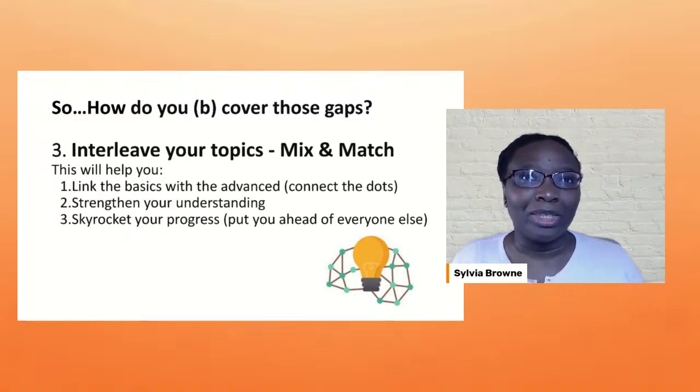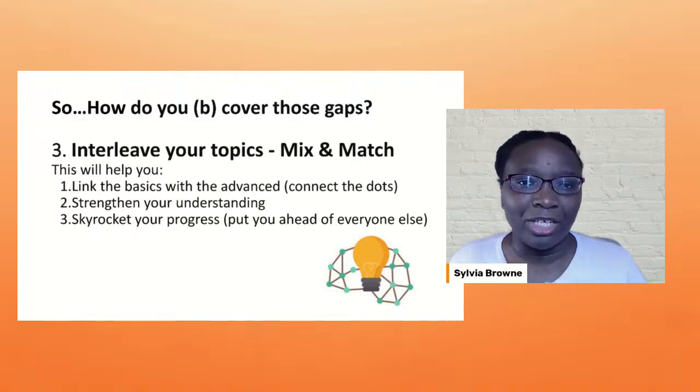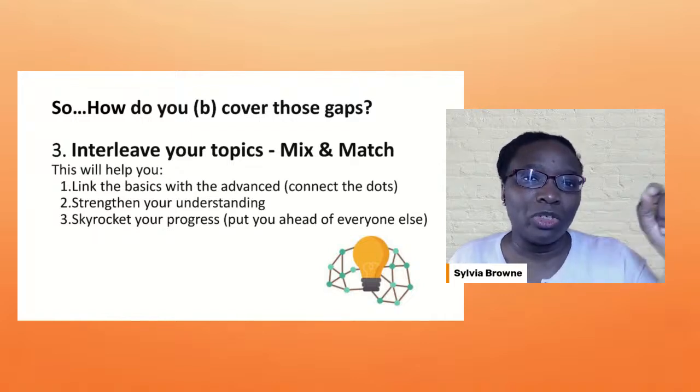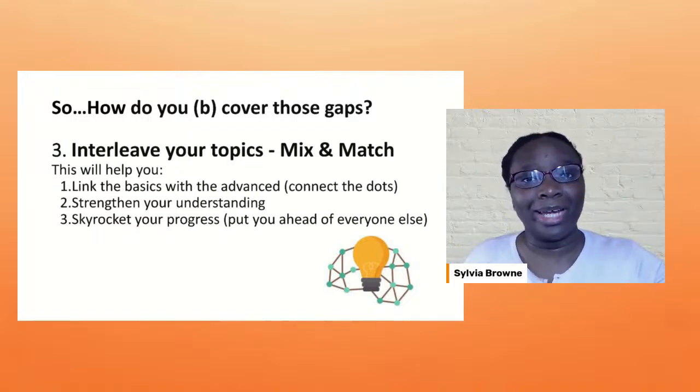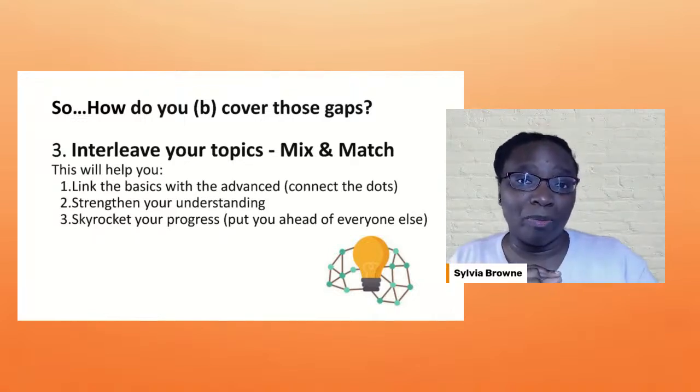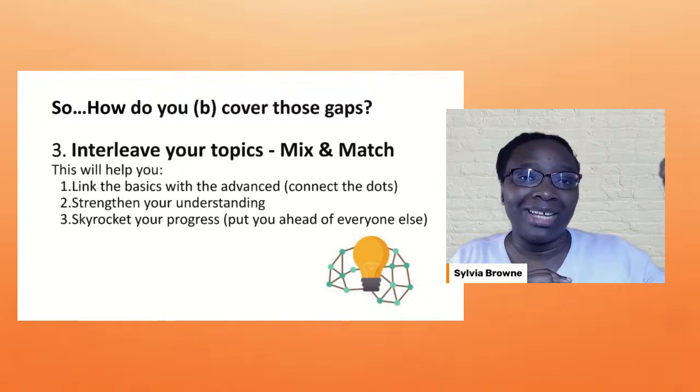Because one of the key things about doing well in exams is you've really got to understand your topics. And a good way to be one of the students who's going to reach the top grades is to be able to actually link the dots between different topics and be able to access those more advanced topics.